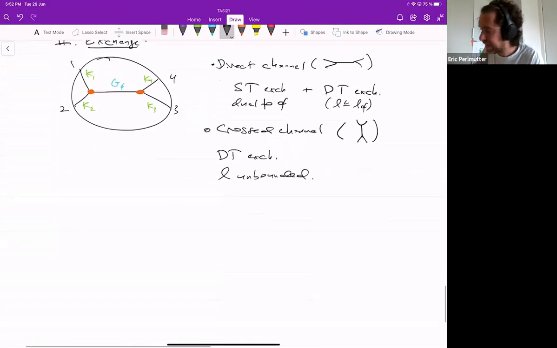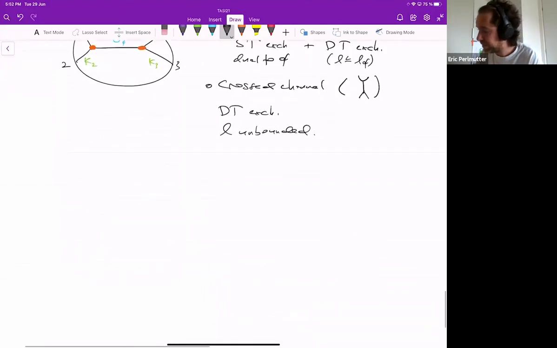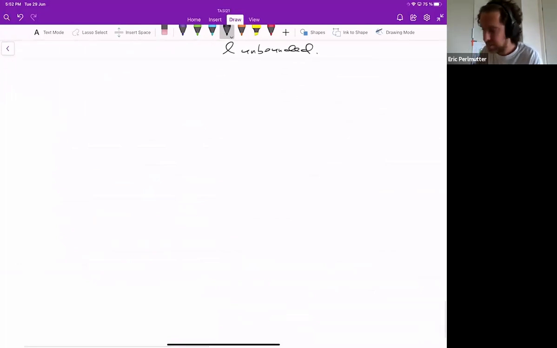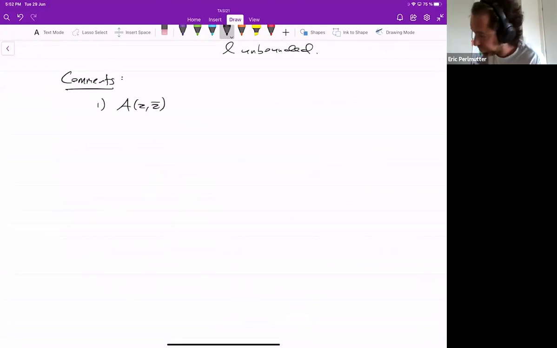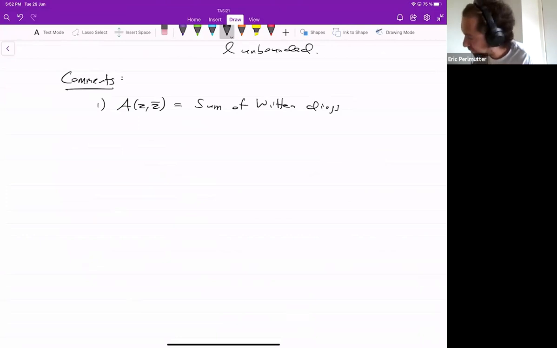Okay, so this is a bit of the mechanics of these things. Let me make some comments about their essential features, more than what I've already said. So first, I've said this a few times, but it's important to write this. Any holographic correlator is a sum of Witten diagrams in all channels.